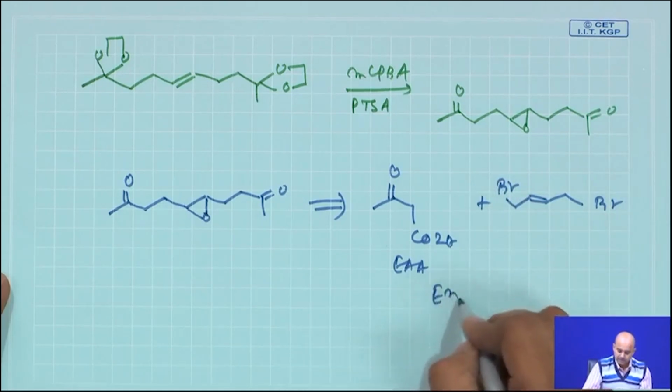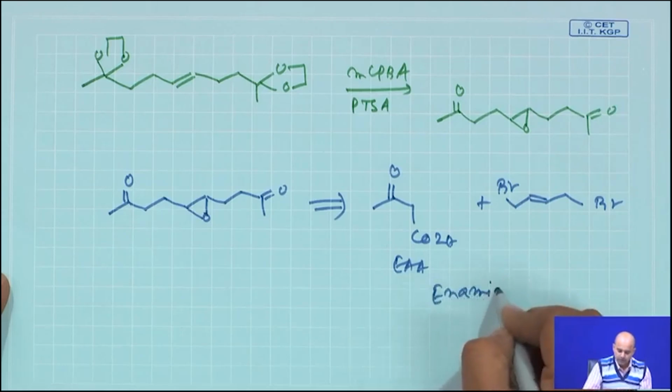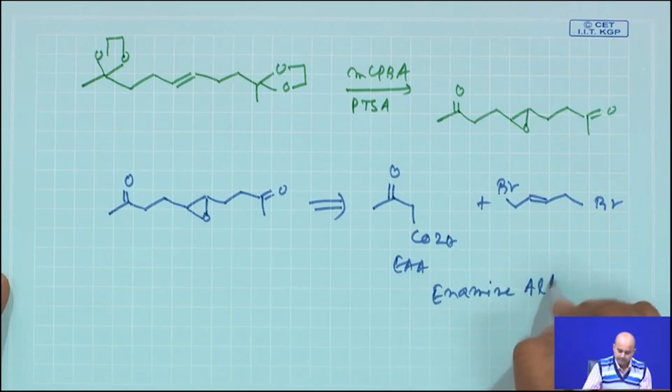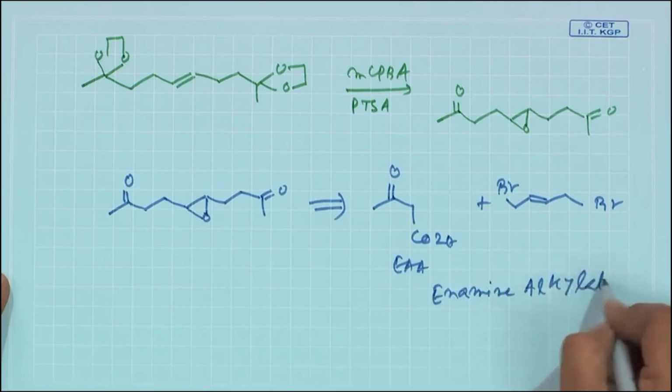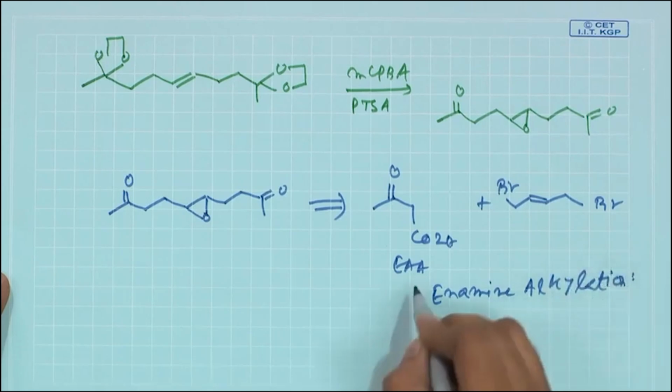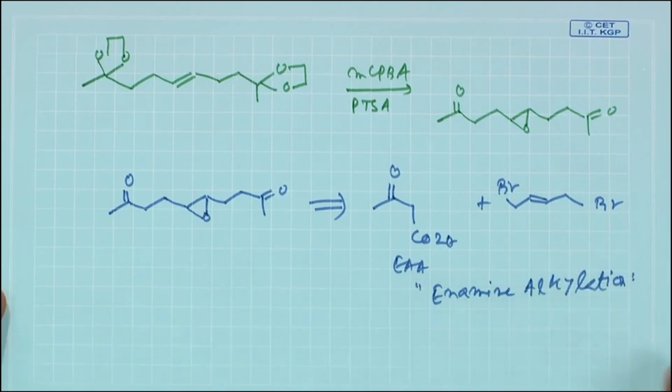Enamine alkylation also you can use, but the process which we have just shown is very simple and is technically absolutely no issue. You can control the chemoselectivity by just protecting the carbonyl functionality in presence of the olefin, then you do the epoxidation on the olefin.